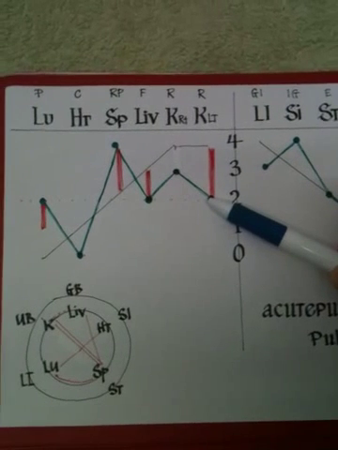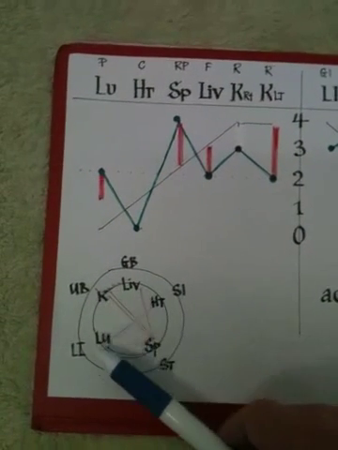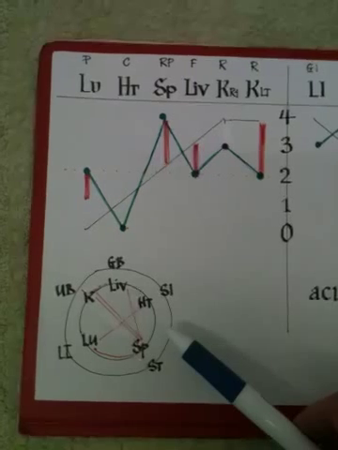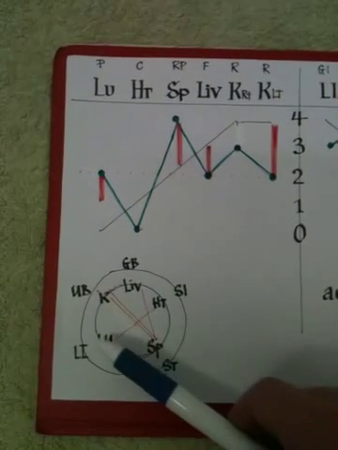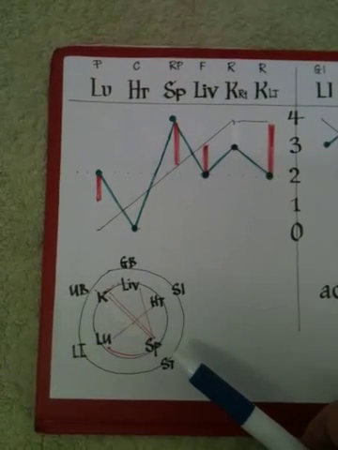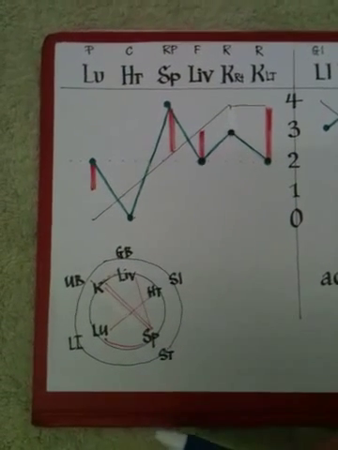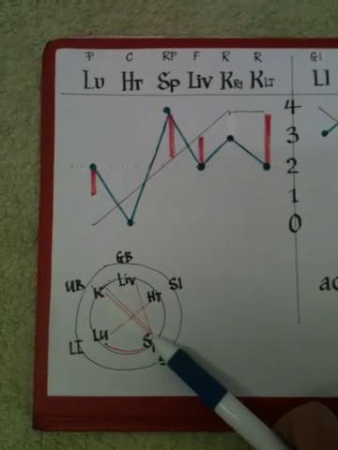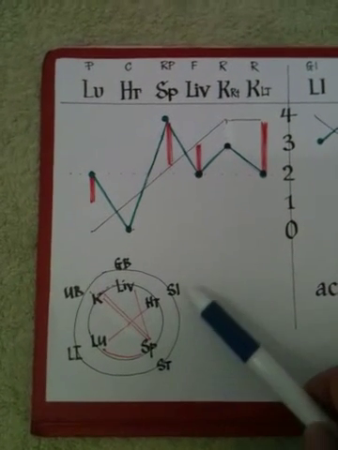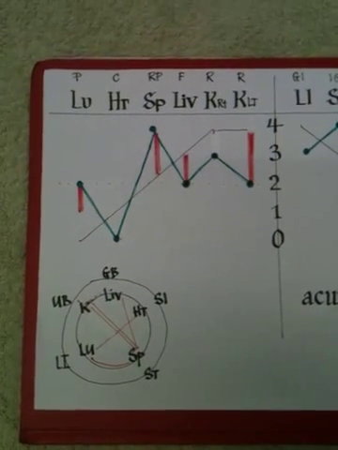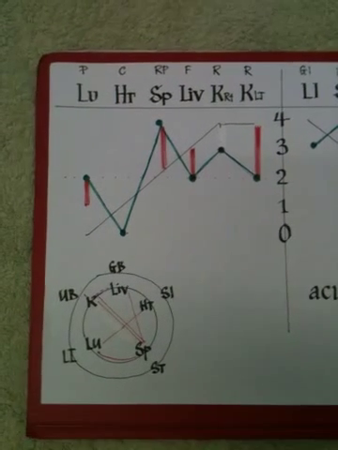And here we can see in the diagram of the five movements that what is affected most, in connection with the different meridians, is the spleen. So mostly what we need to treat here is the spleen.